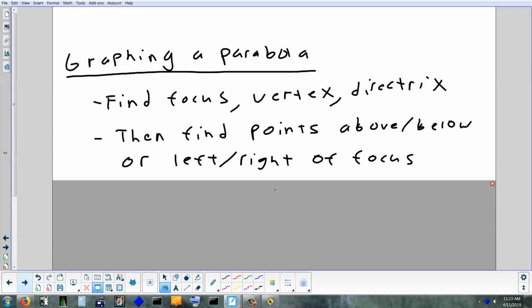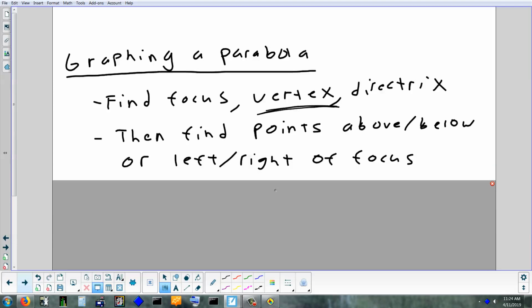If they ask you to graph a parabola, the most important thing to find is the vertex, because the vertex tells you the tip of the parabola. Whether that's the highest or the lowest depends on which way it opens, but the vertex gives you the tip. The focus and the directrix aren't really part of the parabola.